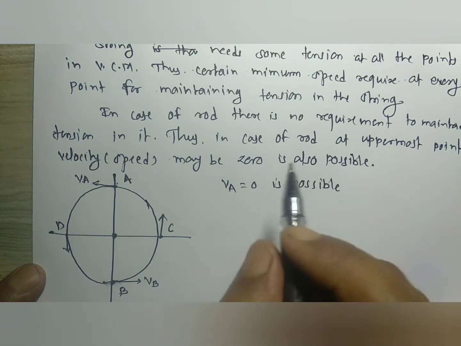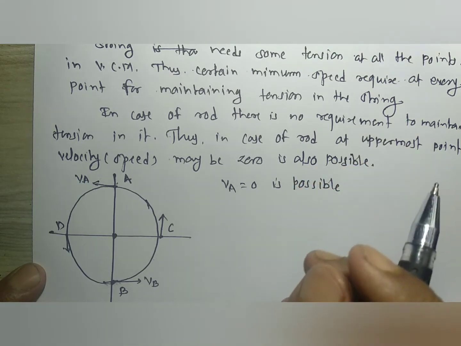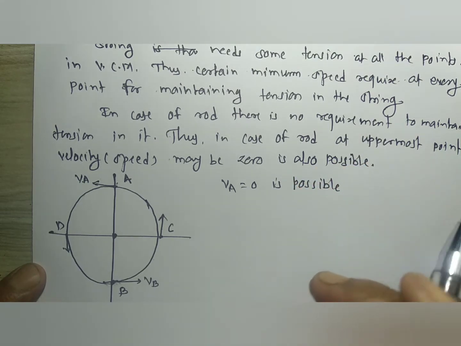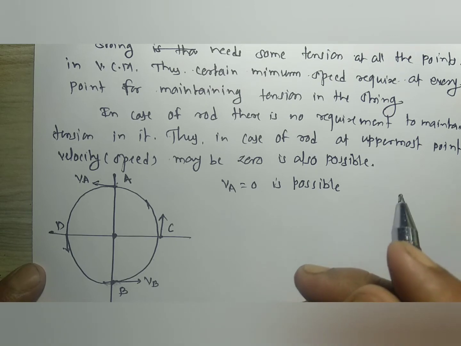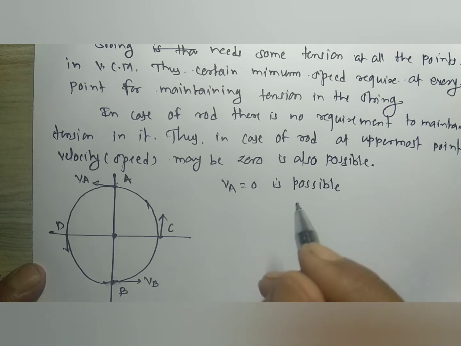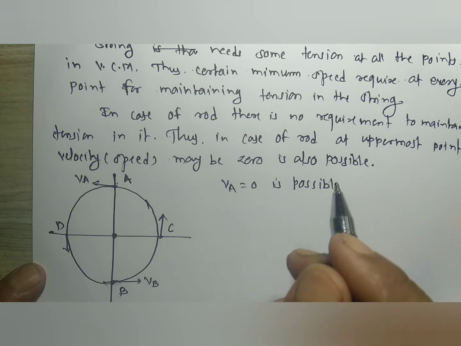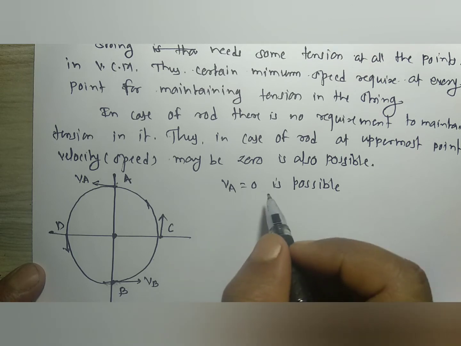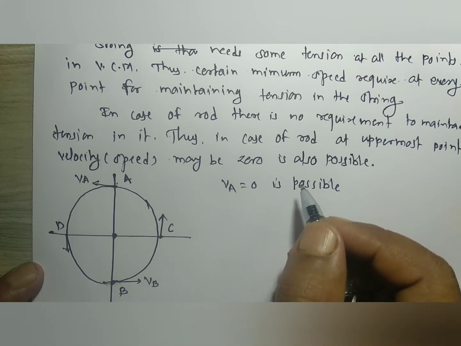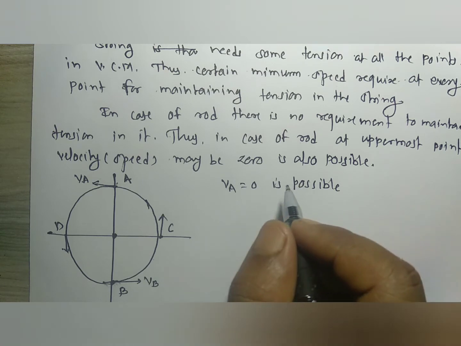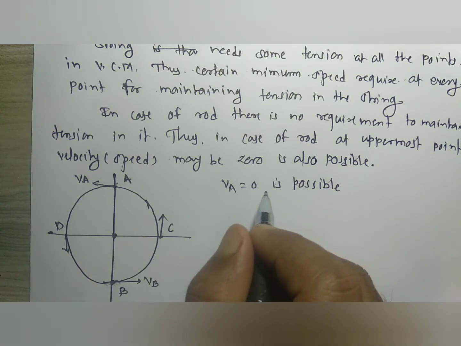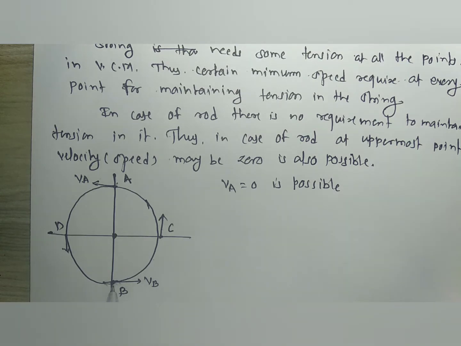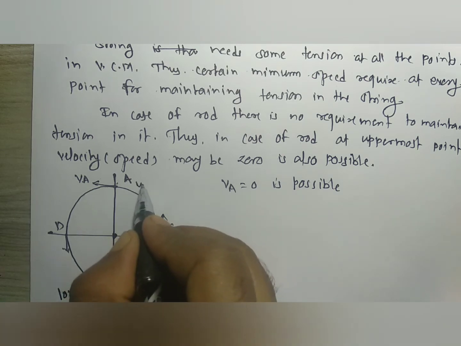That means a point mass is very easily tied to the rod, and we can put it at the uppermost point without losing the radius of the vertical circular motion, and therefore VA equal to 0 is also possible in the case of mass tied to the rod. And therefore you will get the minimum speed at the lowermost point, point B, and the uppermost point is point A.